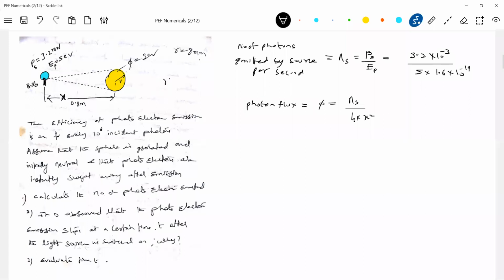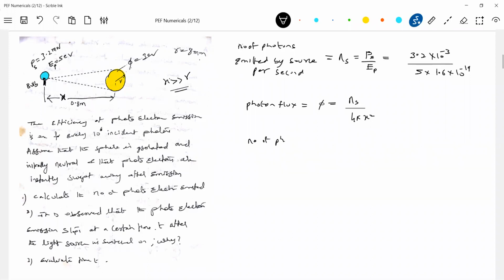So for the bulb, how will this metal sphere appear? The effective area will be like a circular disc only. Though it's spherical, it will appear like a circular disc. The effective area we have to take.